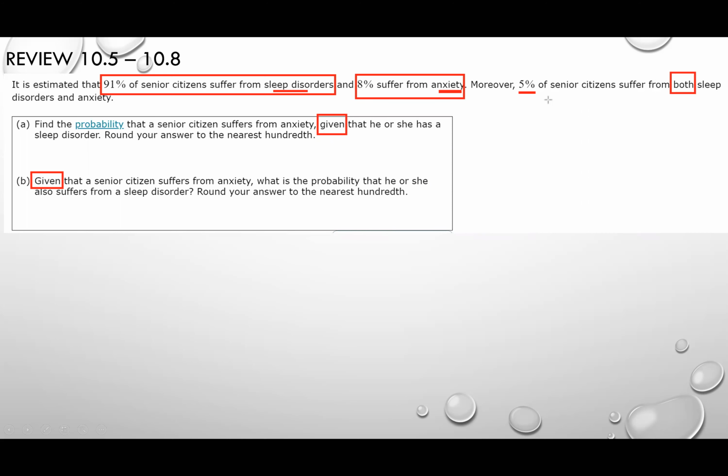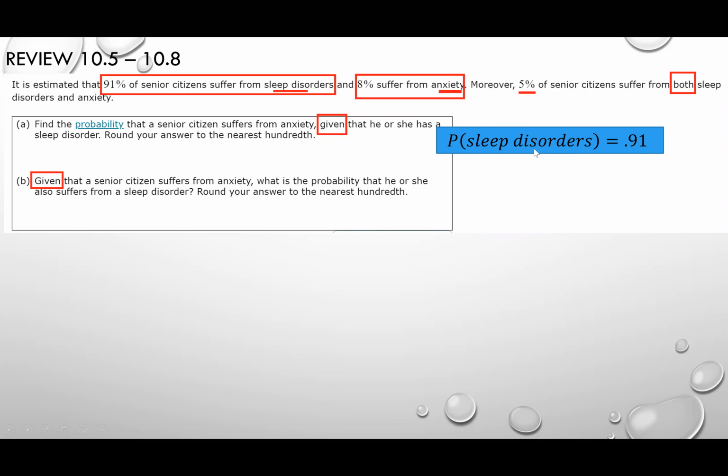So let's dissect this information. Do you agree that the probability of sleep disorder is 0.91? Basically, I take the percentage and move the decimal place, 91% becomes 0.91, that is the probability of a senior citizen having a sleep disorder.